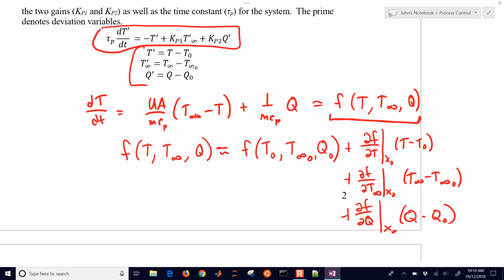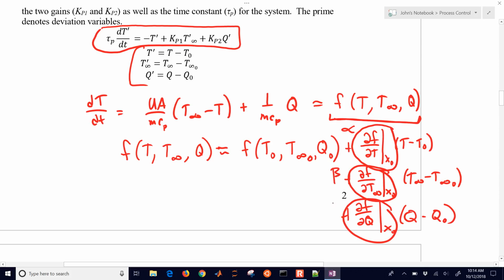So let's linearize this. We have the 3 terms: I'll call this one alpha, this one beta, and this one gamma. Now if the nominal conditions are also steady state conditions, then this term will go to 0.